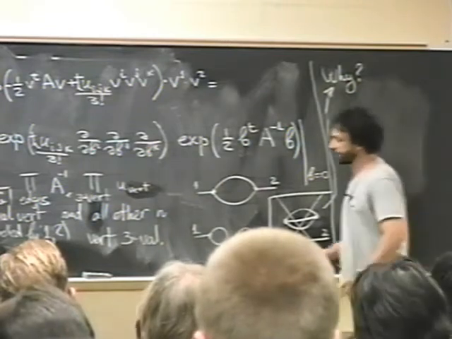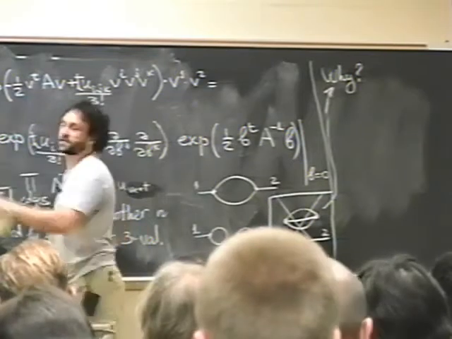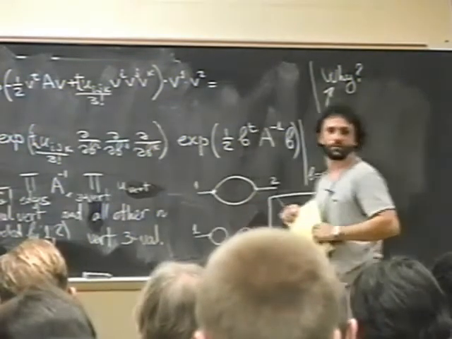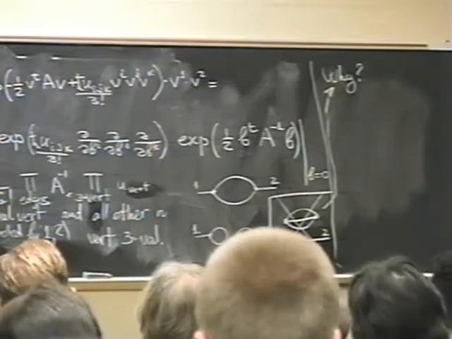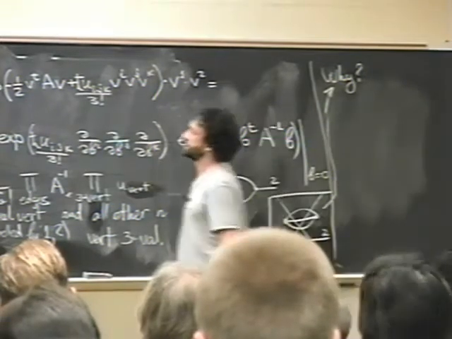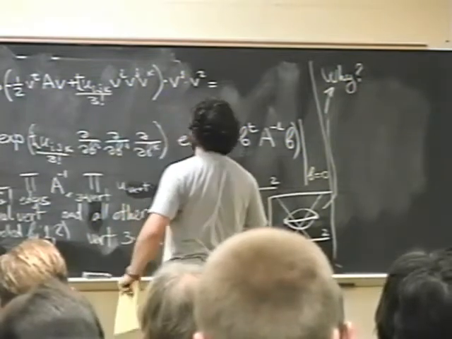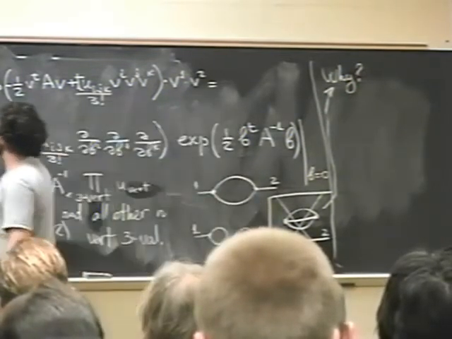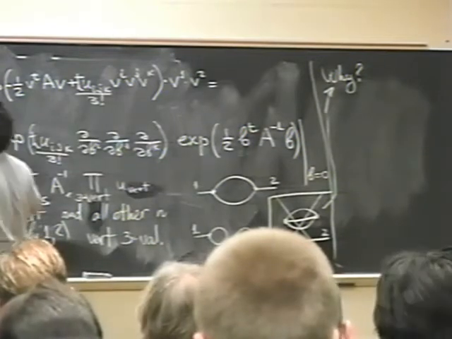And the answer is because I normalize it here by 1 over Z naught. Now, what was this normalization by... oh, sorry, this is not Z naught. Oh, this is stupid. It's Zu that I should normalize by.